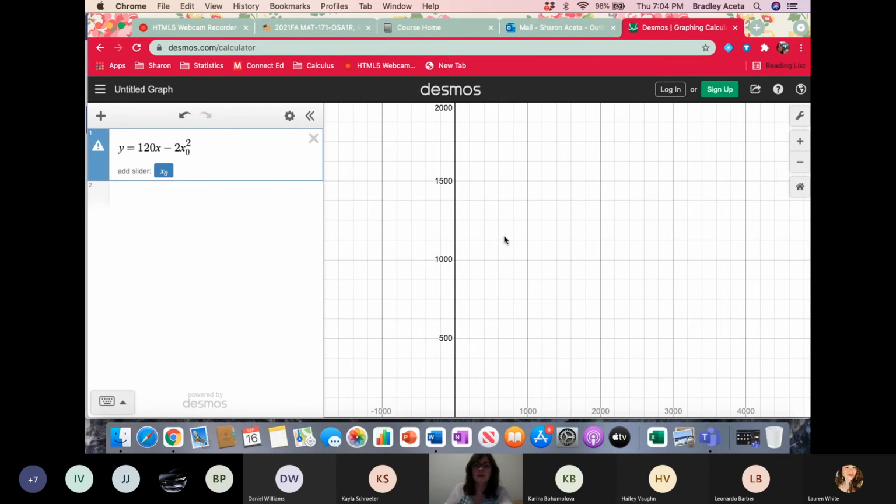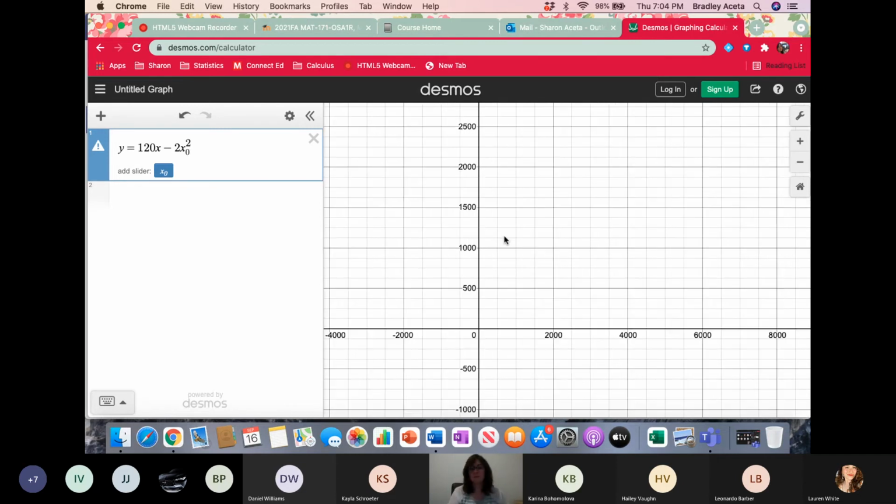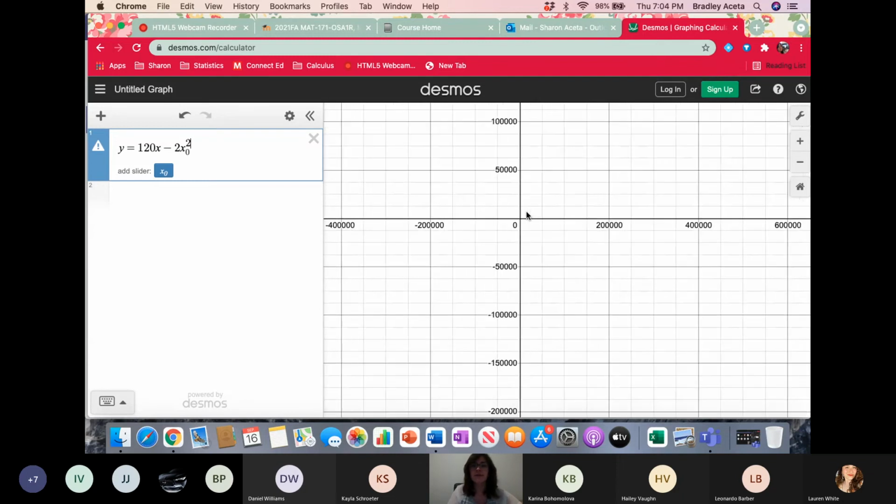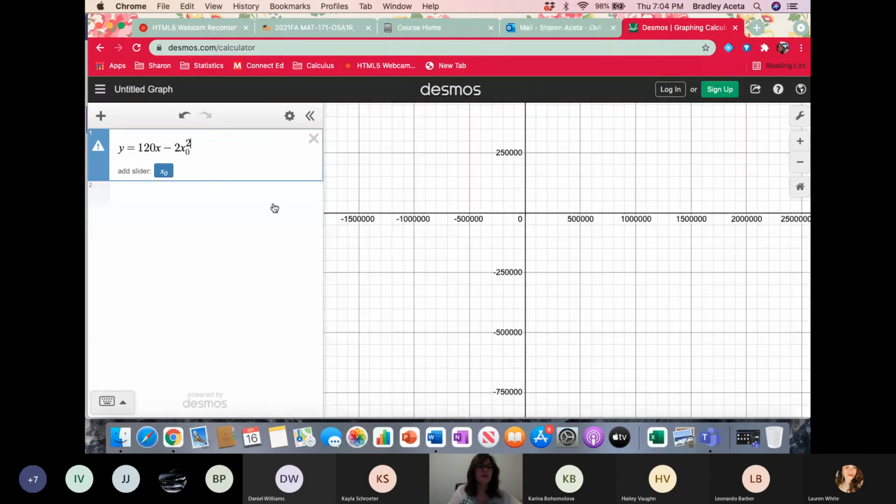But now I've lost my picture. My dog is being very bad right now. Okay, let me redo this. I told you I'm very new with Desmos, but it was working beautifully when I was trying it before. Of course, now it's not working well. Minus 2x squared.